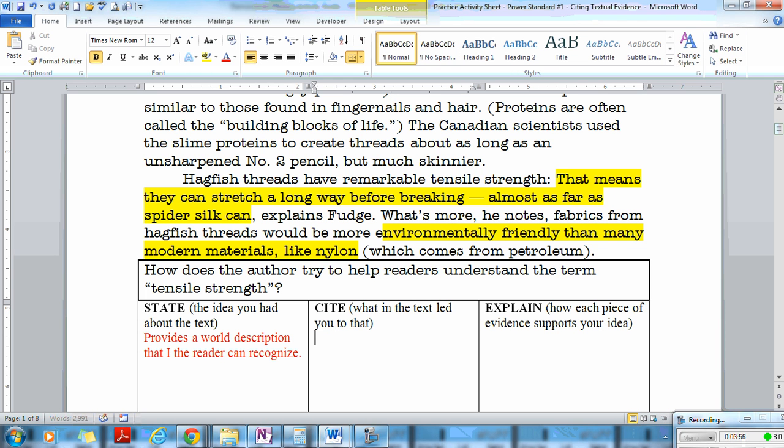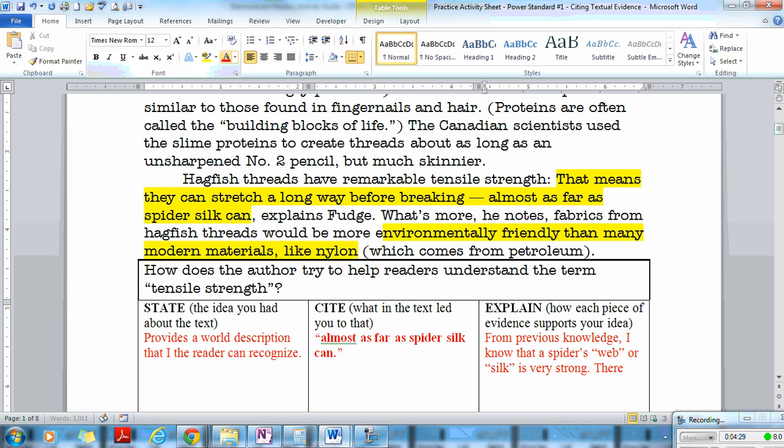I know, almost as far as spider silk can. From previous knowledge, I know that a spider's web or silk is very strong.